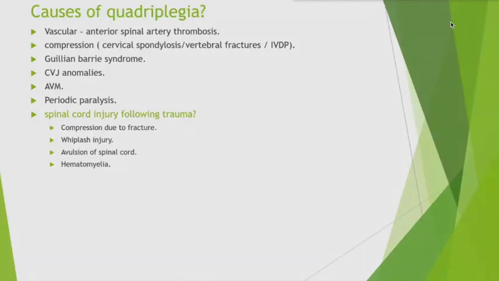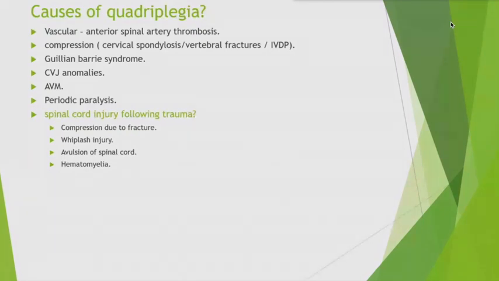Motor wise, that particular side will be paralyzed, and sensory wise, at that same side there will be a band of hyperesthesia, and on the opposite side there will be loss of pain and temperature sensation. On the same side, it will be loss of dorsal column sensation, and on the contralateral side there will be a loss of spinothalamic sensation. So it's a dissociation.